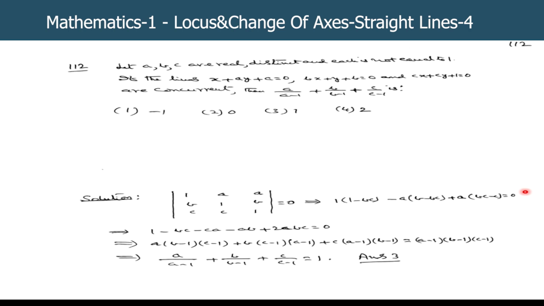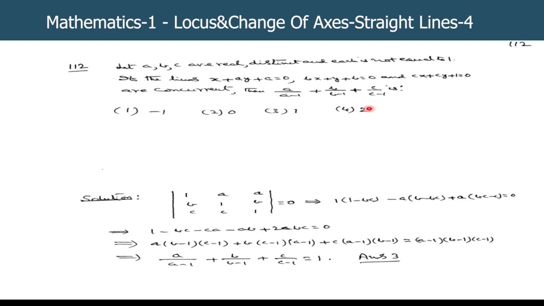Now, what he has given is a by a minus 1 plus b by b minus 1 plus c by c minus 1. For that, if you want, we have to get it simplified by adding some terms. You have to get a into b minus 1 into c minus 1, plus b into c minus 1 into a minus 1, plus c into a minus 1 into b minus 1, must be 0.